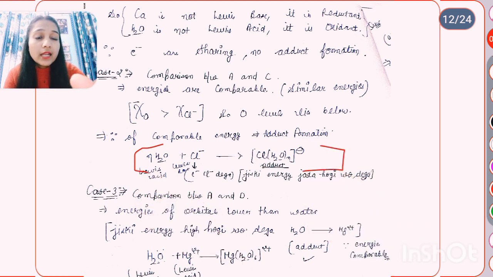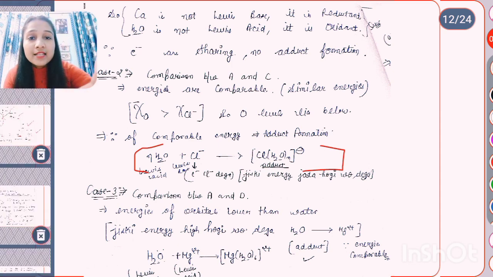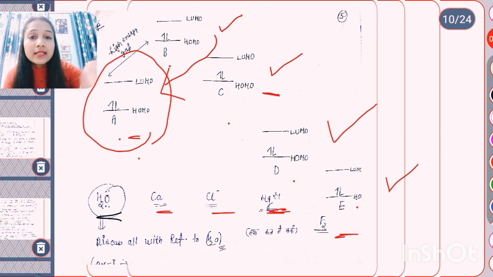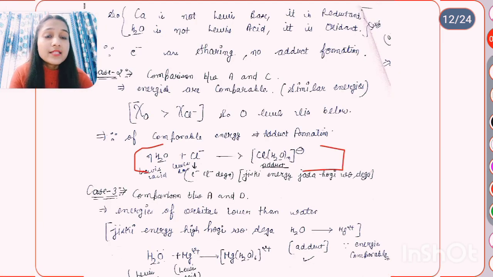Here adduct formation takes place. As you see, energy of Cl is a little bit higher than that of H2O. So Cl negative donates electrons and H2O accepts electrons. As Cl negative donates electrons, it will behave as Lewis base, and H2O will behave as Lewis acid.